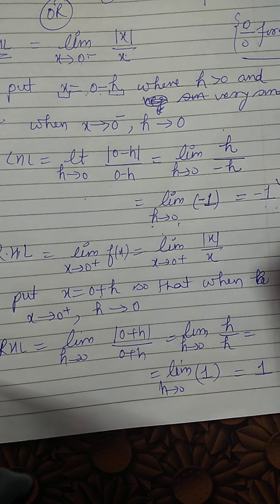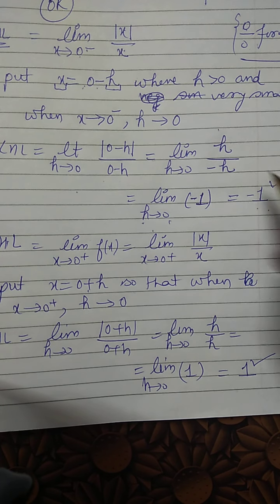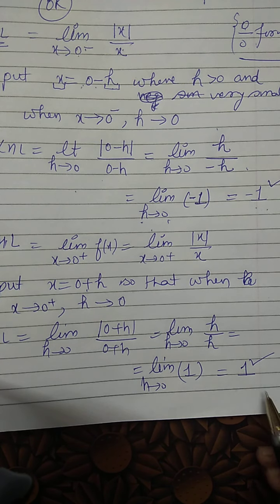So the left hand limit is coming minus 1, and the right hand limit is coming plus 1. What does it mean? The left hand limit is not equal to the right hand limit, so the limit of the function does not exist.